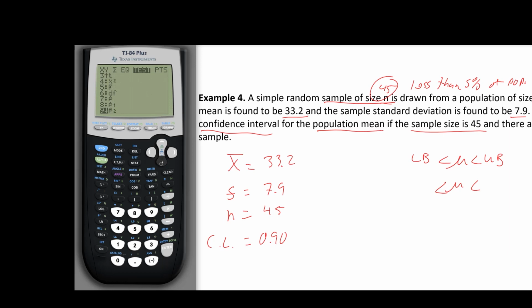You're going to have all these variables stored in your calculator. You have your lower and your upper. If you want your lower value, click on that and press enter, and that gives you more decimal places than the screen before. The same thing with upper.